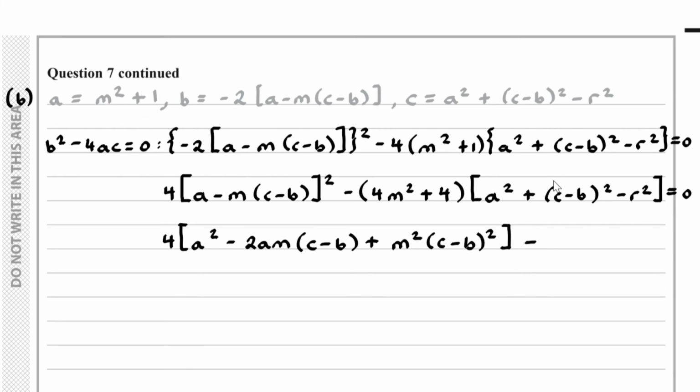Well, what we'll do is we'll leave this alone as minus 4m squared plus 4 multiplied by a squared plus c minus b squared minus r squared equals 0.